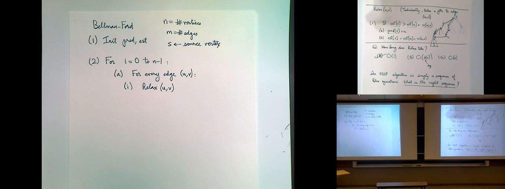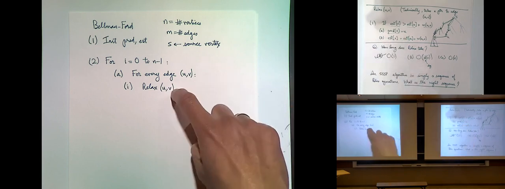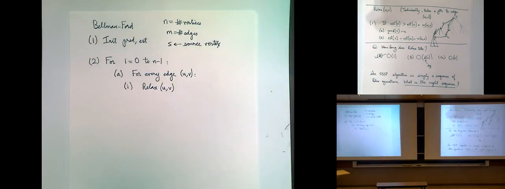All I'm doing here, in step 2a, is a traversal of the adjacency lists. For every edge that I see, I just call relax. I do this n times. Doesn't get simpler than that as an algorithm. Relax is really easy to write. You're just making one pass over the entire graph, calling relax on each edge, then doing it again and again and again.